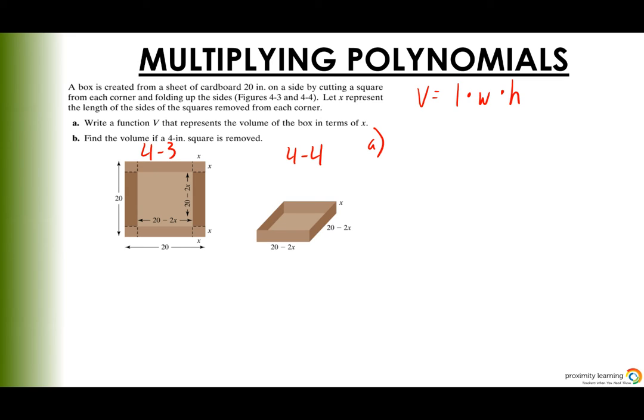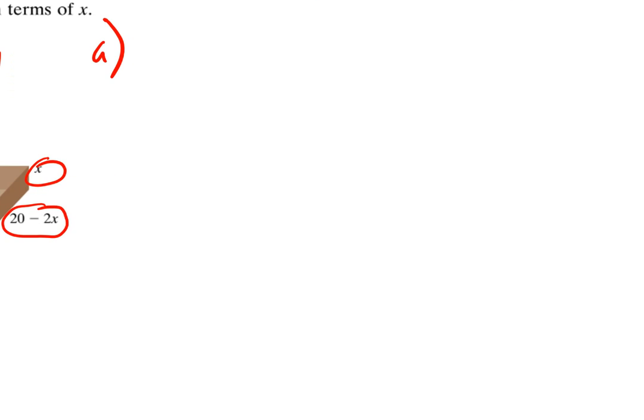Now, our length and our width, this is our length or width, and this is the other. And this is our height. That's the height of the box. So length, width, height. We're going to substitute each one into the function.